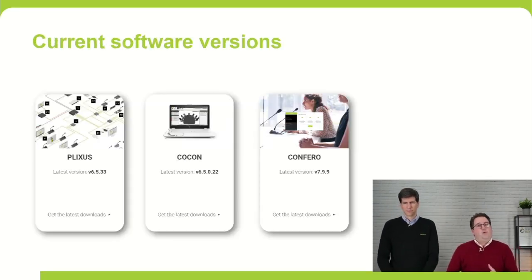If, however, you would go to the web page itself, you wouldn't see 2 but 3 different versions. You have Plexus, you have Cocon, and you have Confero. So the question here is how these all work together.